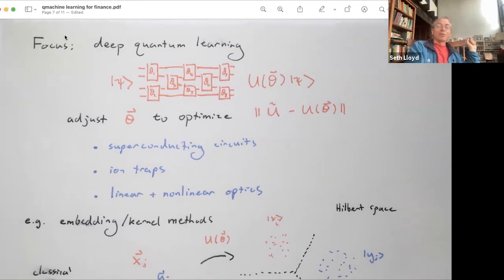So when we actually simulate these embedding methods, what we do is have classical pre-processing of the data. I would have it over here in this empty space. I have a deep neural network that takes our data, and the output of the deep neural network is going to be the parameters that we use for our quantum network. The deep neural network compresses the data into a quantum state, and then we use these parameters to try to embed the data in a good way.